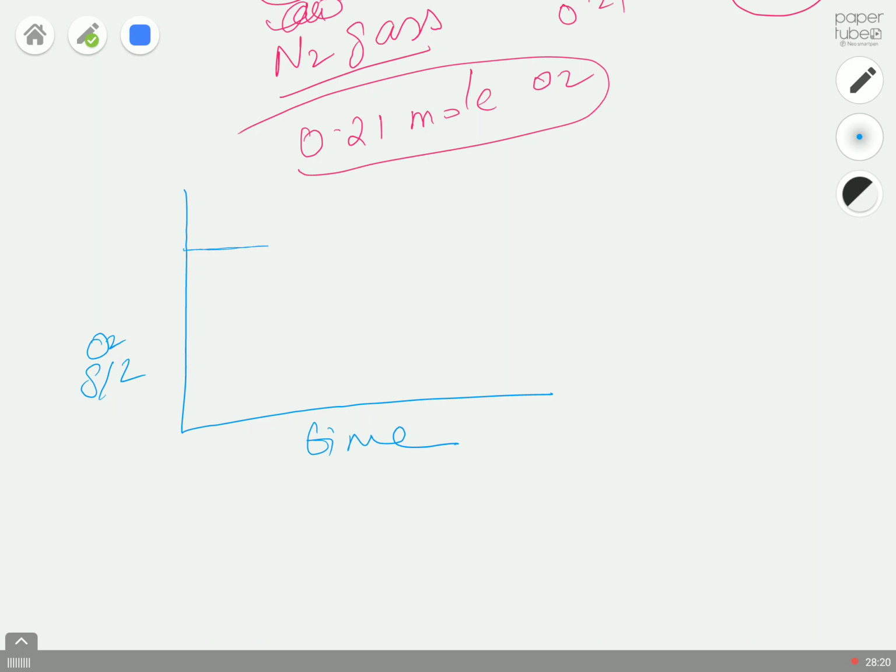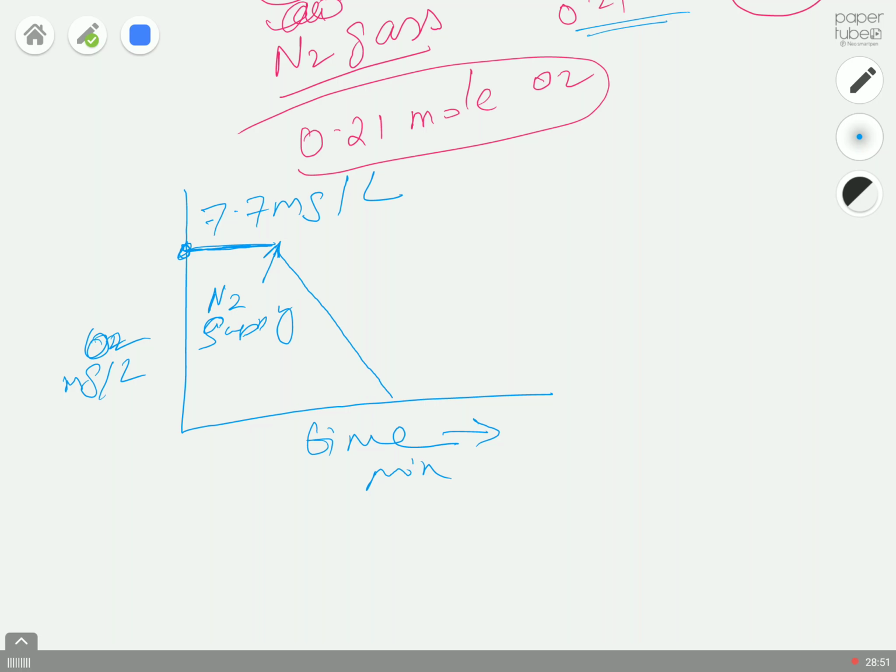Imagine you start your experiment at, say, 7.7 milligrams per liter oxygen concentration, and this is the point where you start your nitrogen supply. As I said, nitrogen will knock out the oxygen, which means your oxygen concentration is going to deplete. Eventually it is going to reach near zero.